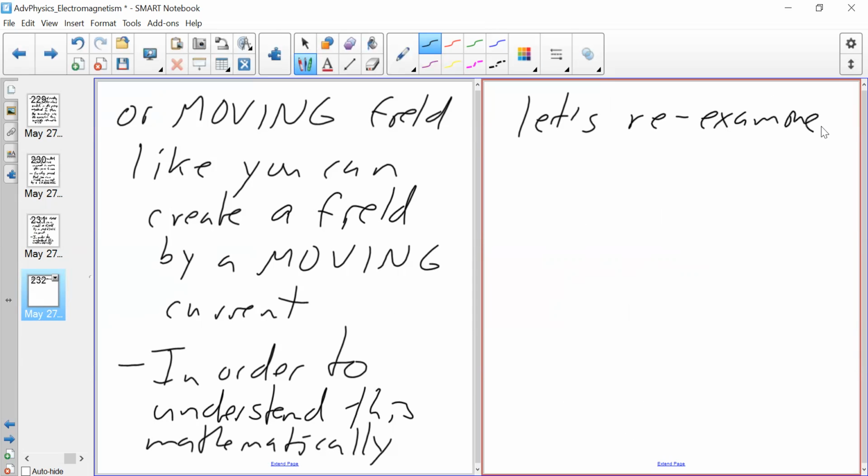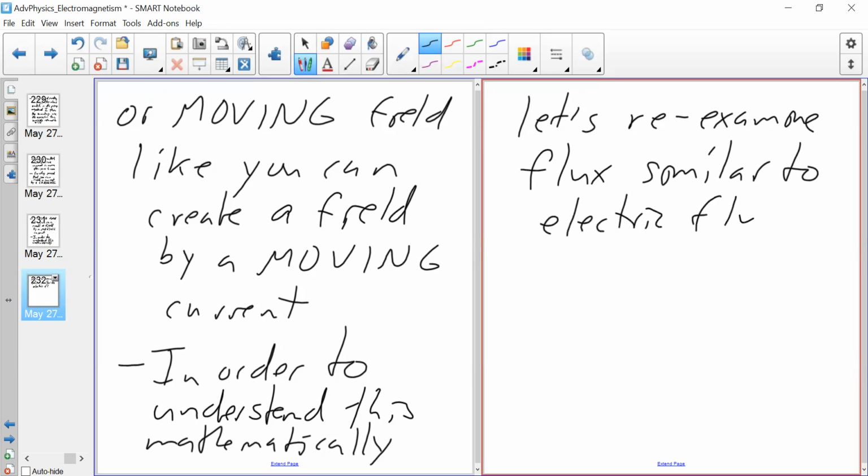You guys remember magnetic flux a little bit from yesterday? I will reprise you. Re-examine flux, which, as we know, is similar to electric flux. Magnetic flux, magnetic field times area. Remember a little bit of that?